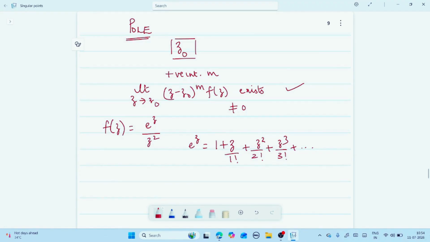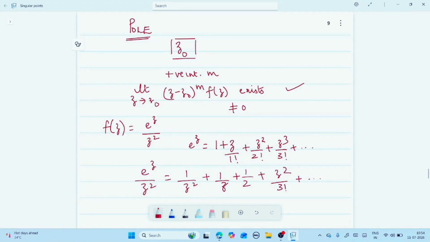Now, just find what is e power z by z square. So, this will give us 1 by z square plus 1 by z plus 1 by 2 plus z square by 3 factorial, and it goes on.